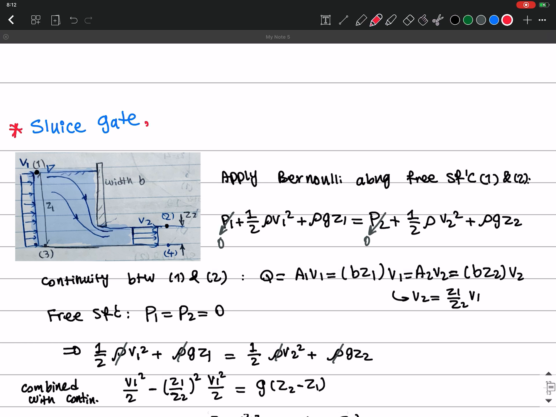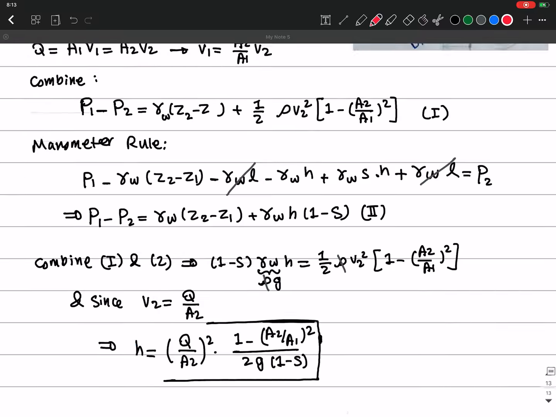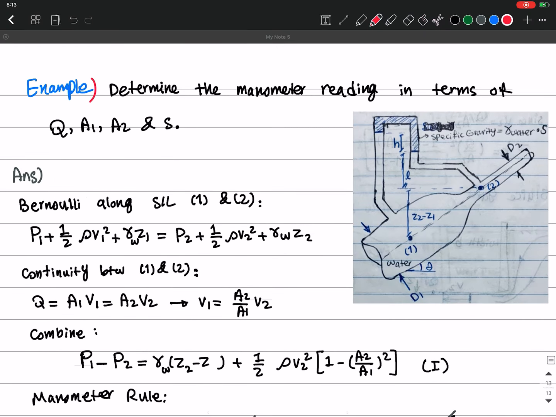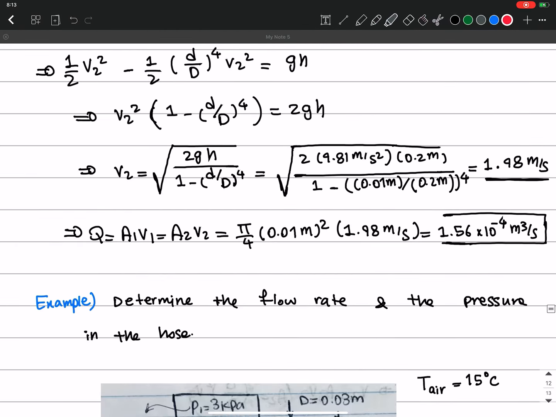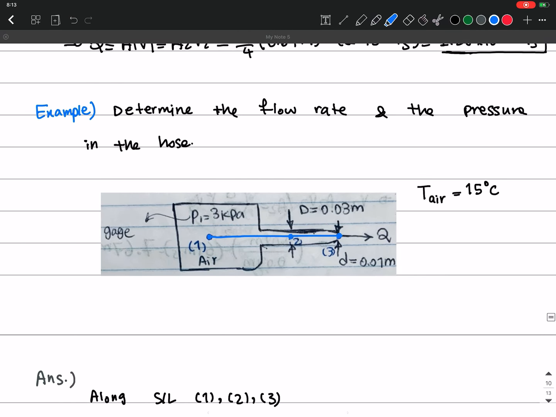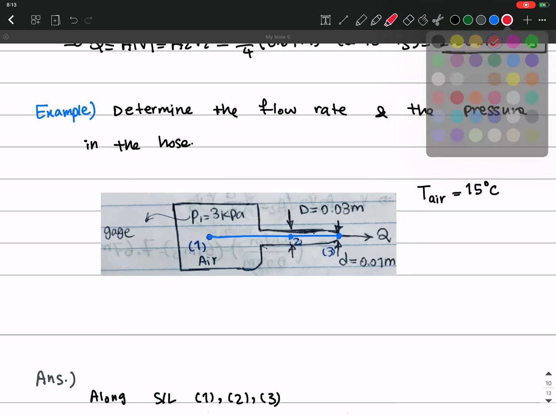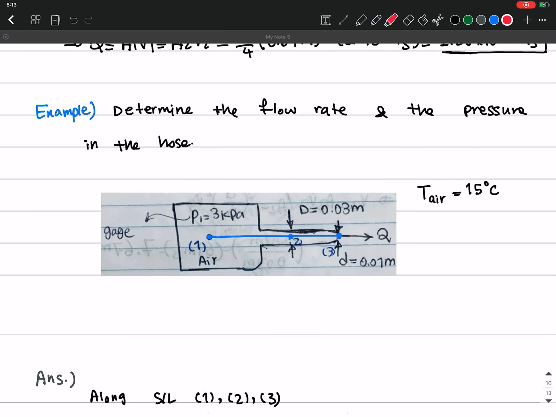Okay, so let me briefly review what we learned today, and this is the end of chapter 3. In the next lecture we are going to go to chapter 4. First, I solved an example for determining the flow rate and the pressure in a hose.